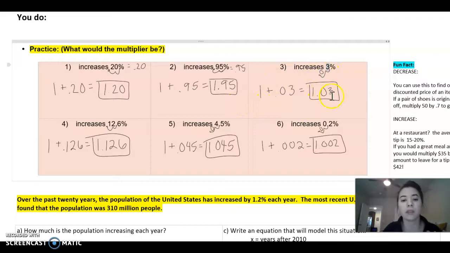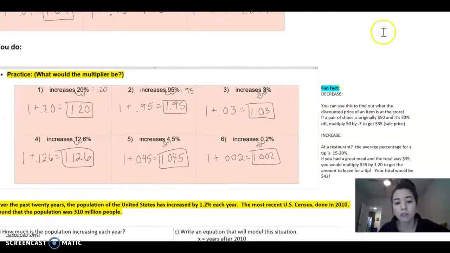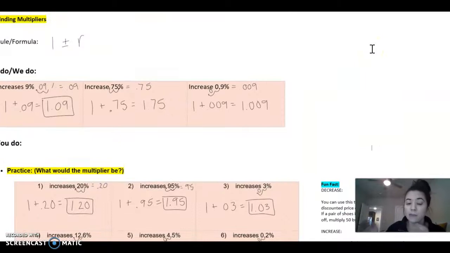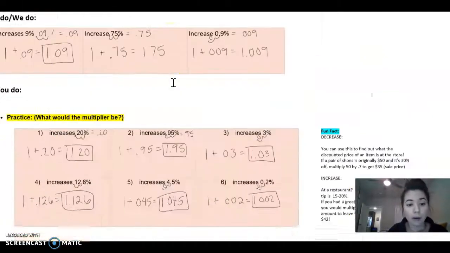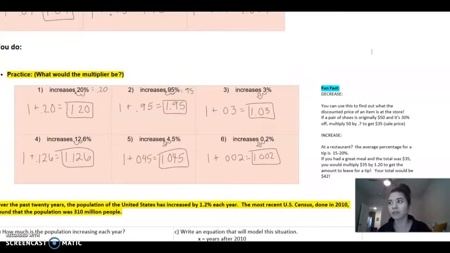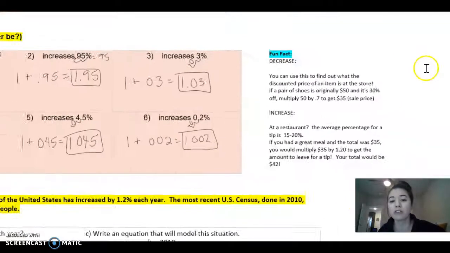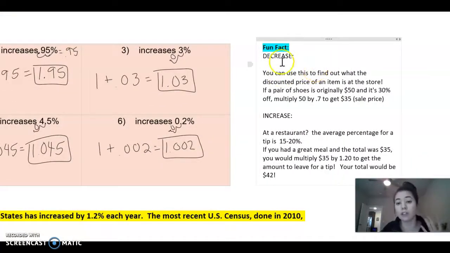Then we add it to 1. These multipliers can be used when we're shopping at a store or at a restaurant trying to figure out what my bill would be with a tip. For a decrease or decay, which we'll talk about tomorrow, you can use this to find the discounted price of an item at a store.